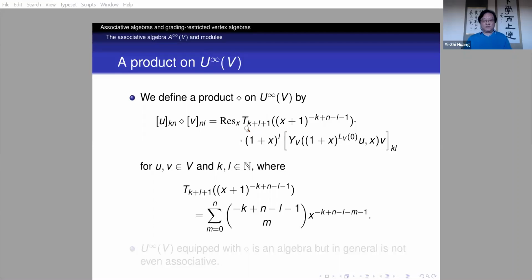Then T_{k+l+1} is just the Taylor polynomial when you expand this as a power series in x inverse up to the power k+l+1. That's it. So there is a meaning: it's the Taylor polynomial of the expansion of this.